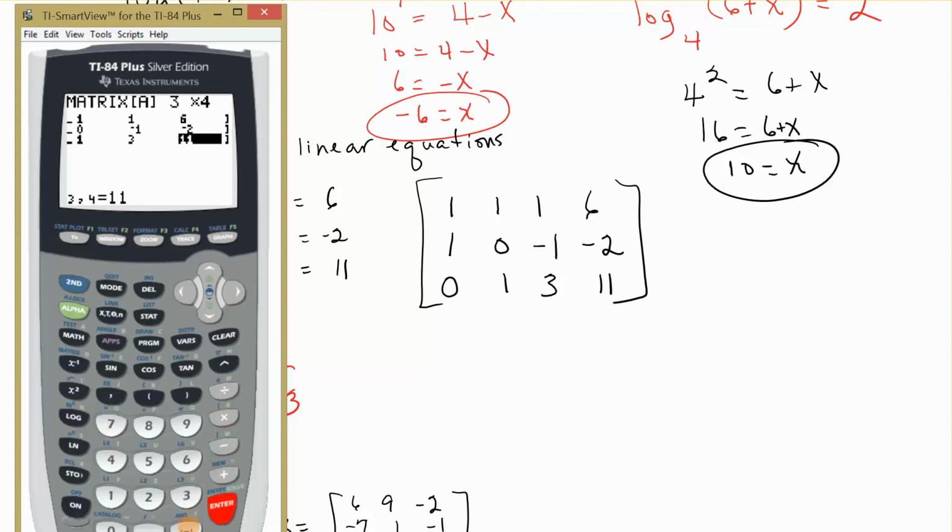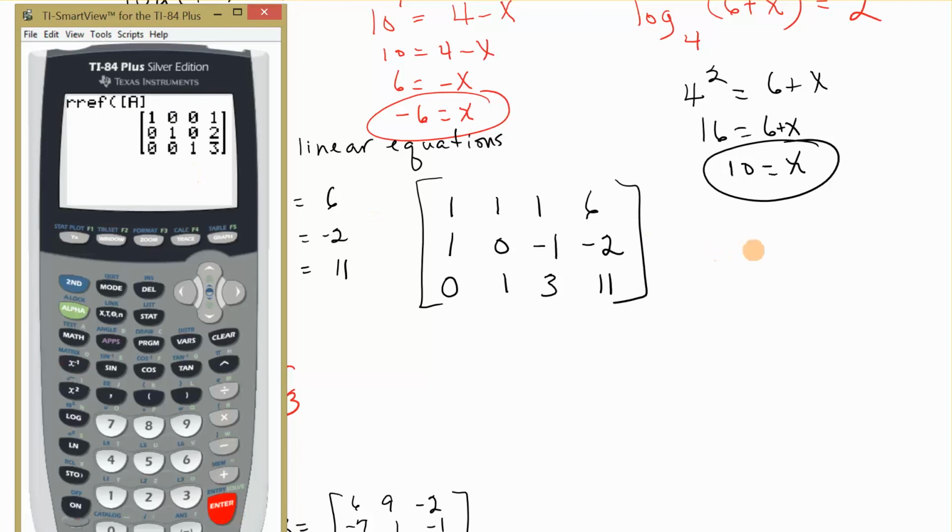You want to check what you've put in, and then you want to do a second quit. You go back into matrix, second matrix, over to the math, and we're going to choose RREF. The quickest way is to go up. So RREF, and then we need to go back in a third time and get the name of the matrix. Second matrix A, and hit enter, and we get this.